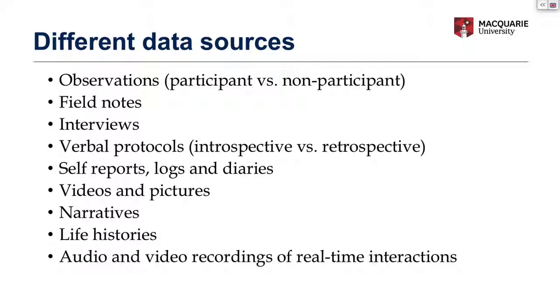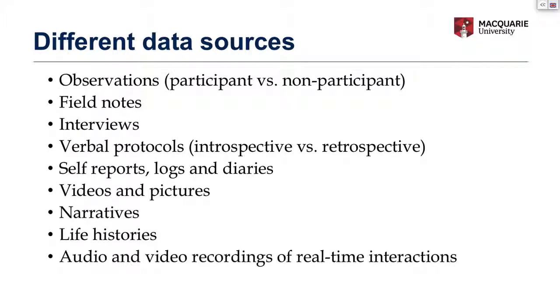So, what are some of the different data sources that qualitative researchers rely on in order to collect, analyze, and then report their findings? These are some of the examples: observations. For example, a qualitative researcher might be studying a particular classroom, and therefore he or she might take the role of a participant or non-participant observer in observing the class.